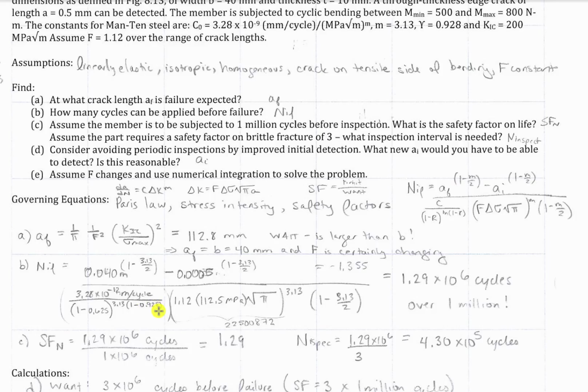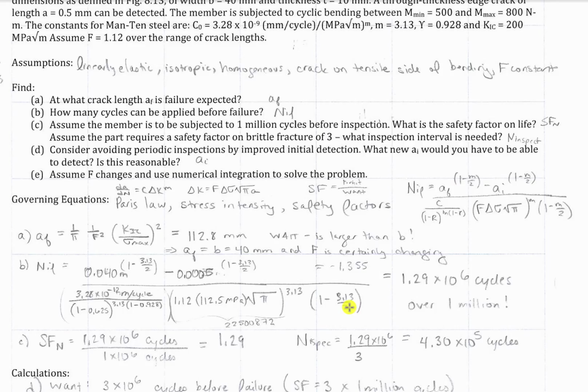Once we have that, then for the rest of the equation, we plug in F as assumed constant at 1.12. We plug in our delta sigma, which we found to be 112.5 megapascals. We plug in our square root of pi. All that is raised to the m. And then this exponent, which is 1 minus 3.13 over 2.